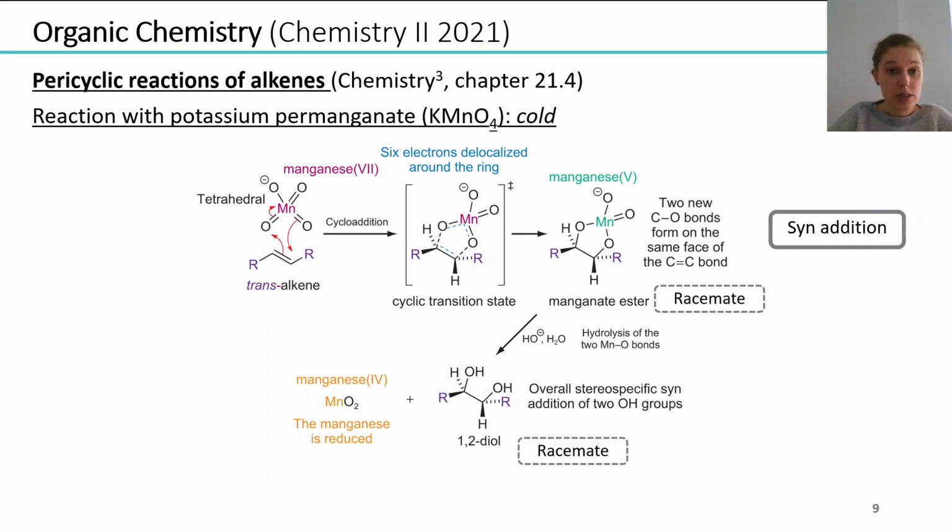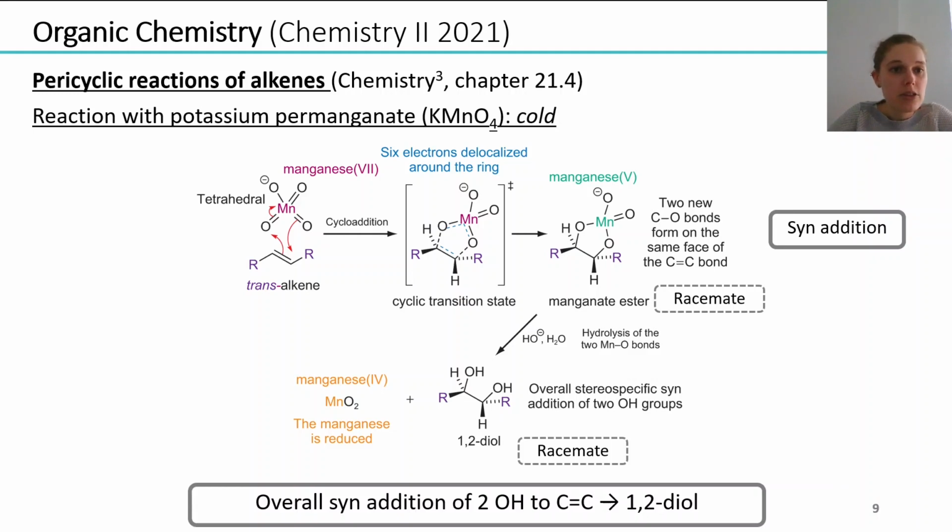And very important here is, for obtaining the desired 1,2-diols, the reaction must be conducted in a cold medium. And the reason for this is that potassium permanganate is such a strong oxidizing agent, which will otherwise oxidize the 1,2-diols to ketones and carboxylic acids if we have higher temperatures, like room temperature or even above.